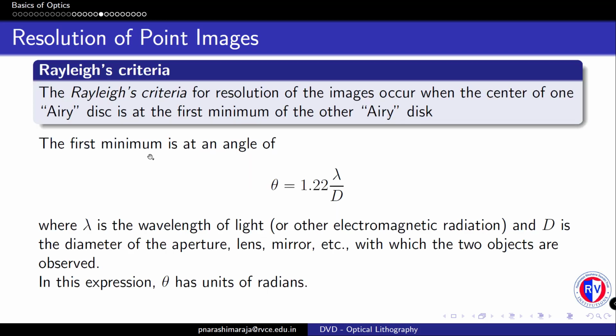So based on this first minimum, one can define theta minimum to be equal to 1.22 times the wavelength of the light divided by the diameter of the aperture. Note that the value of theta is in units of radians.